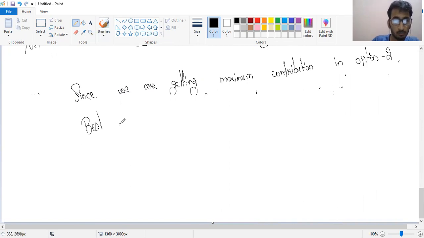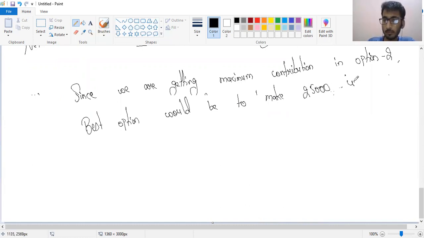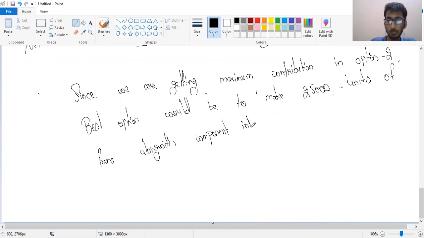Best option would be to make 25,000 units of fan along with component in-house. So this is the answer. I hope you got the solution.